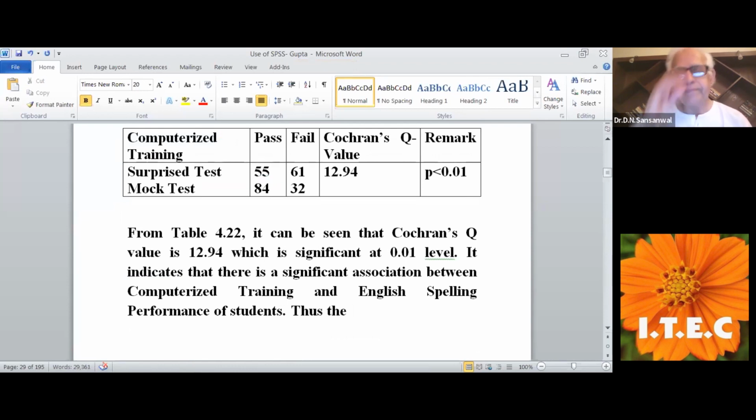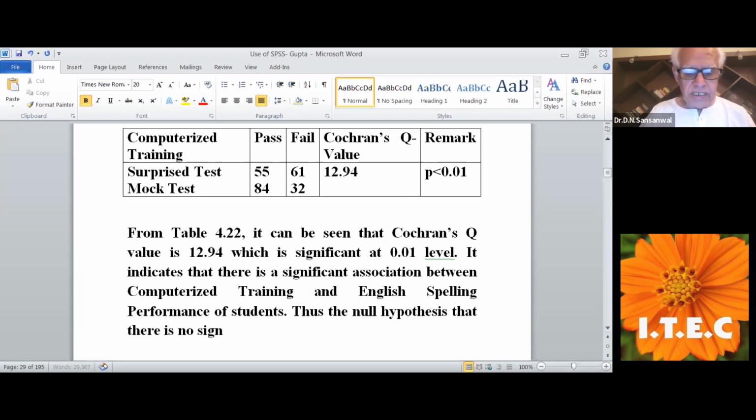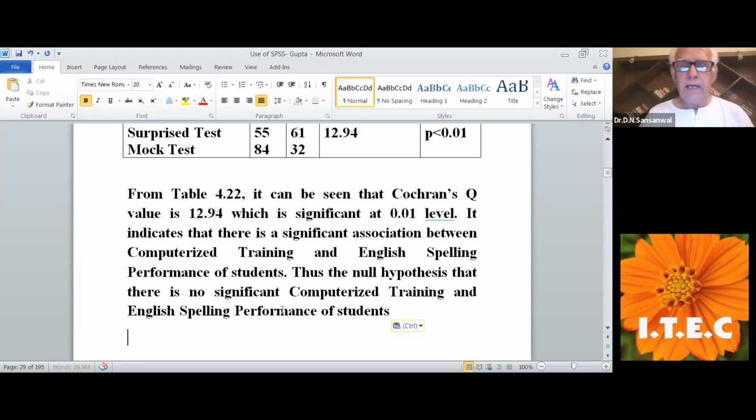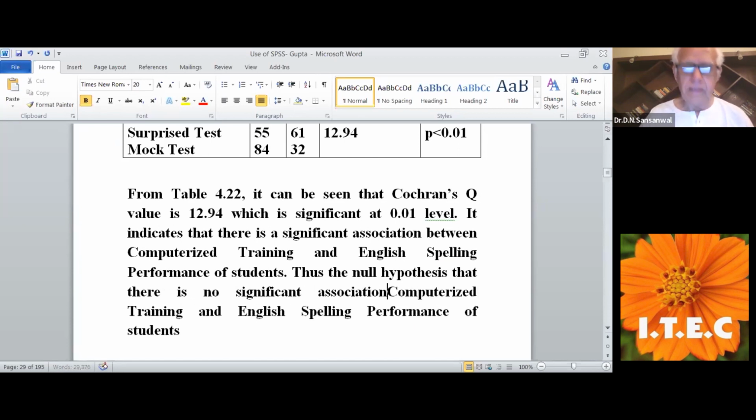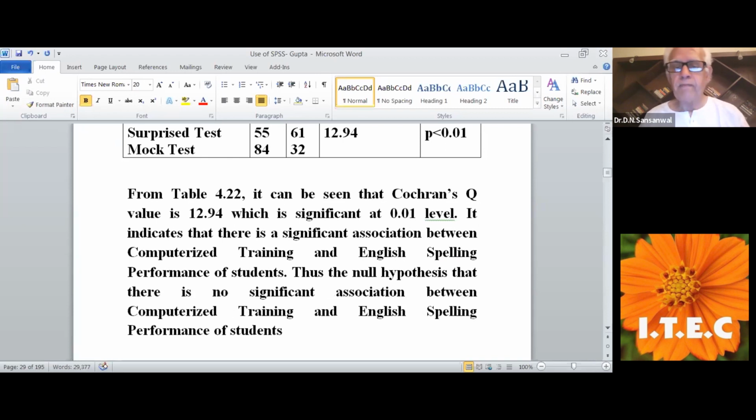Thus, the null hypothesis that there is no significant association between computerized training and English spelling of students is rejected.